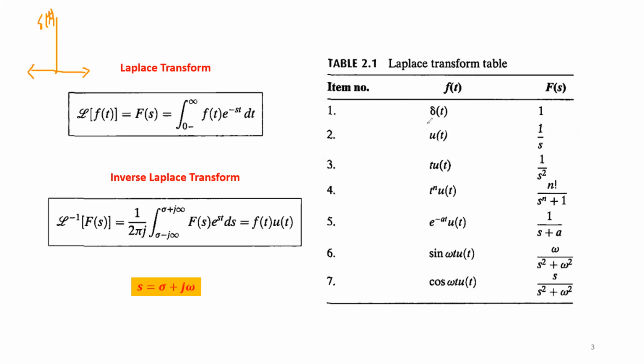When you do the Laplace transform of delta t, the result would be 1. Delta t is the impulse function. Remember, this is the impulse function. Sorry to say, most of the guys missed this one. u(t) is the step function, right?